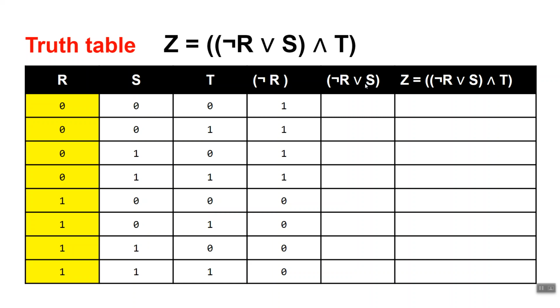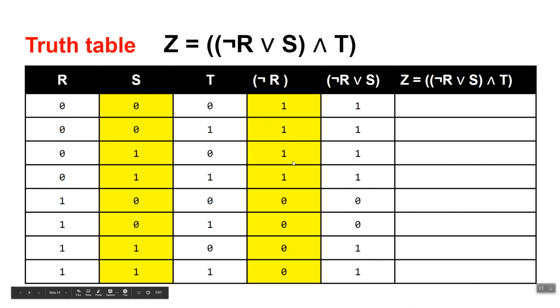So I can now do what I did before when I expressed it as a circuit. I can now do NOT R OR S. So this time I'm evaluating the results in these 2 columns. I need the S column and the column that I just created. So all I'm doing is applying an OR to both of these values.